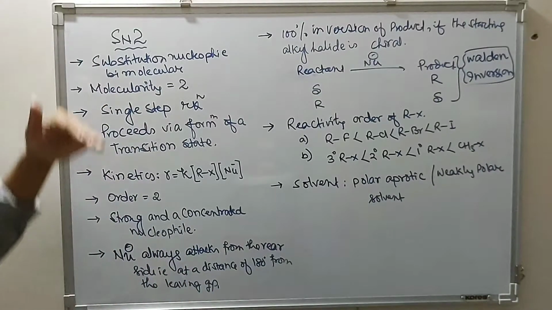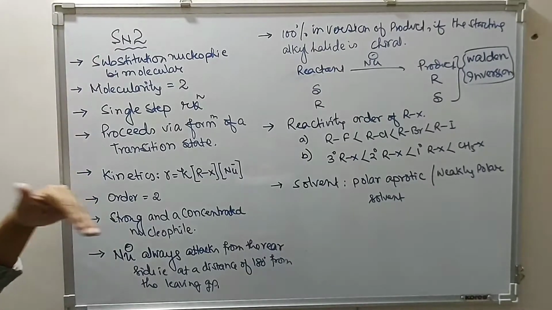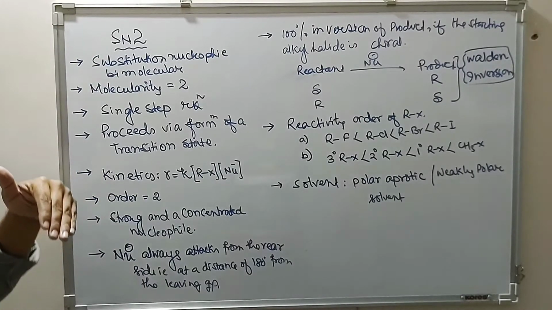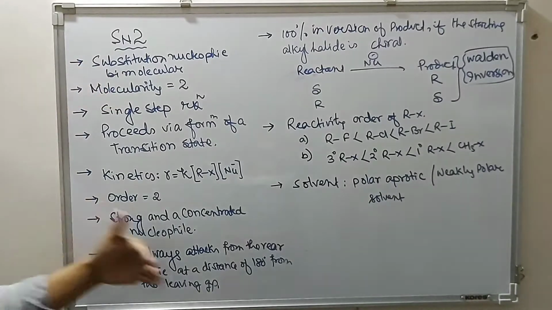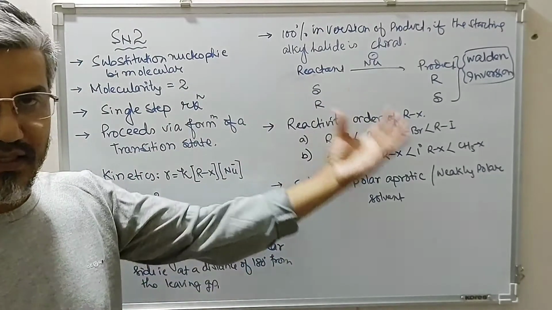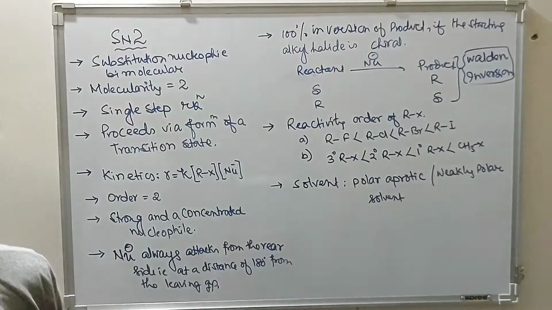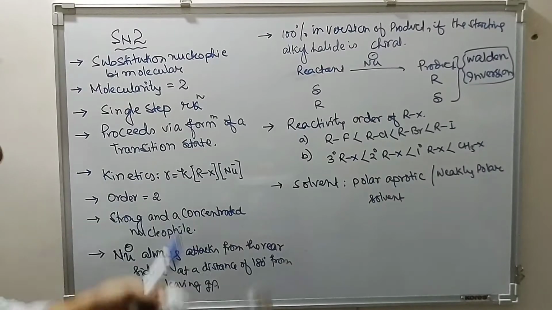So these are some of the general features of this SN2 reaction. Now we will explain this SN2 reaction by taking its mechanism. So let's go for the mechanism of SN2 reaction.